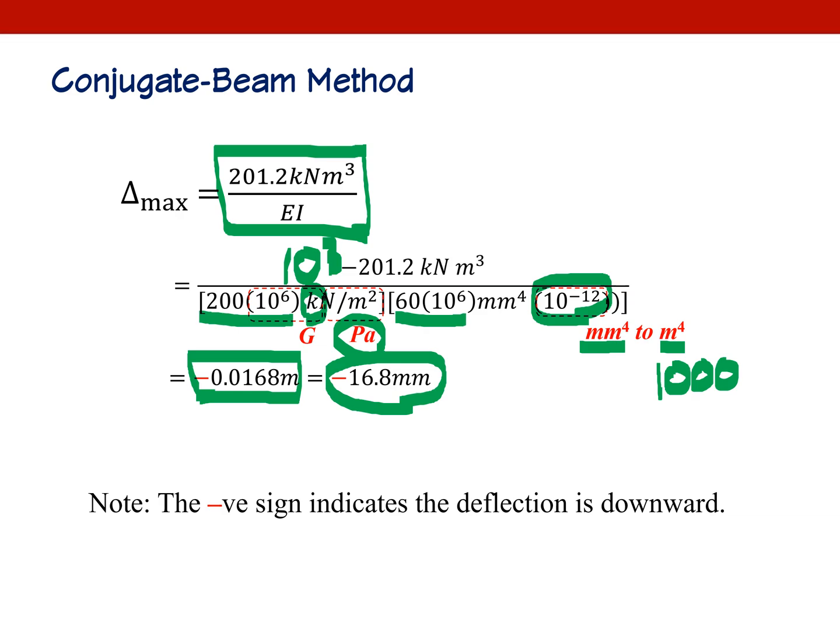So millimeter deflection and some fraction of an inch deflection will occur. And please make sure that the negative sign indicates deflection downward. So this is the answer.